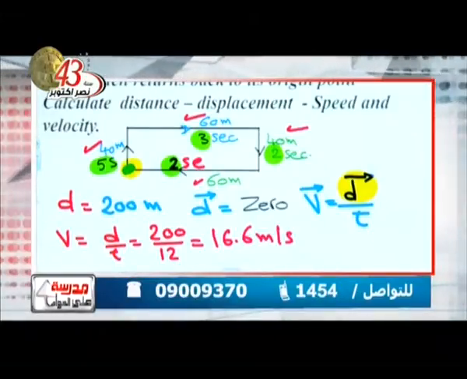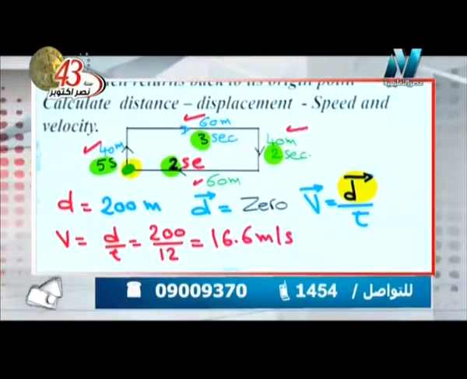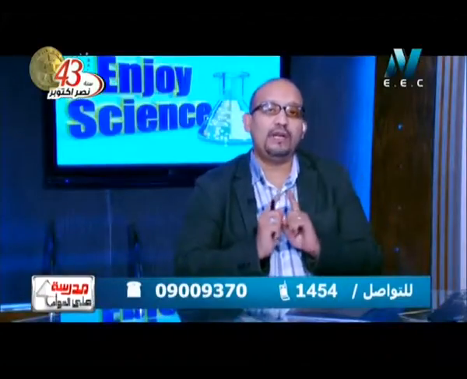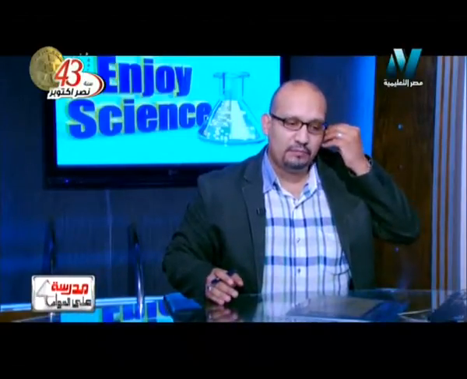So now, dear students, we know the difference between distance, displacement, speed and time. But we have only one case. Distance equals displacement. We have to give a reason here in this point. When does distance equal displacement?